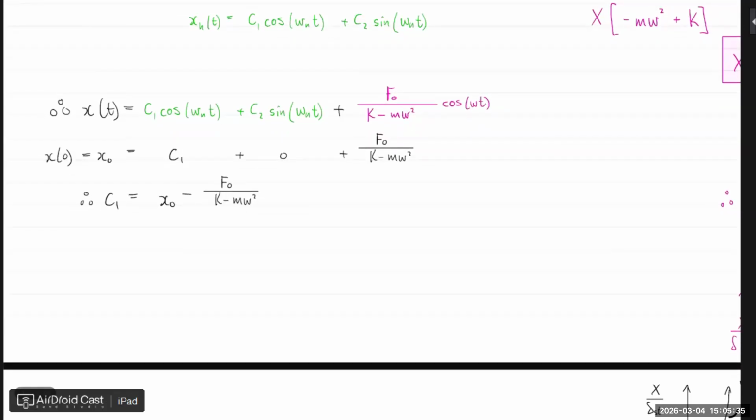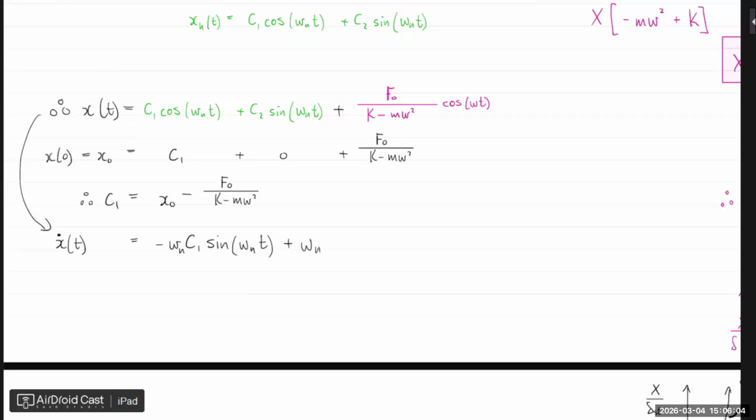And to calculate C2, we can perhaps first get the first derivative of that equation. The first derivative of that equation. And it will be negative omega n C1 sin omega n t. So we shouldn't get confused between omega and omega n and stuff like that. And I'll say something about that in a moment.